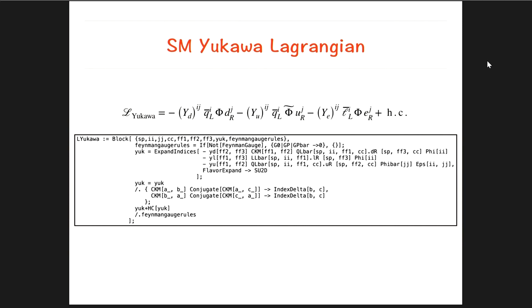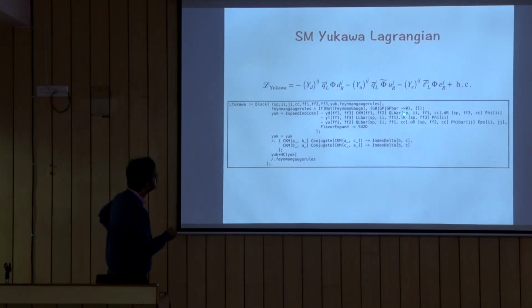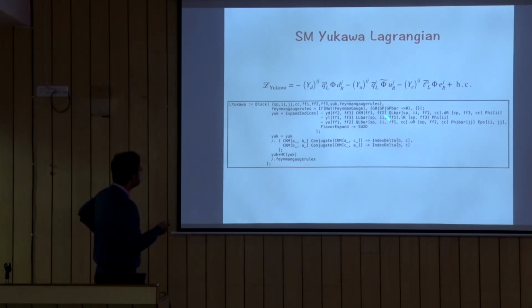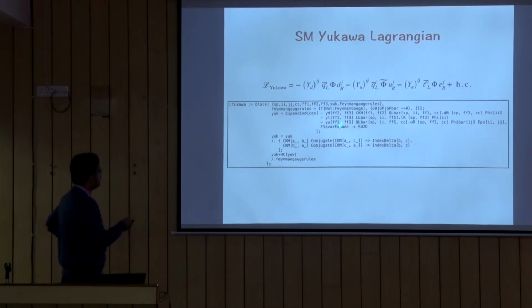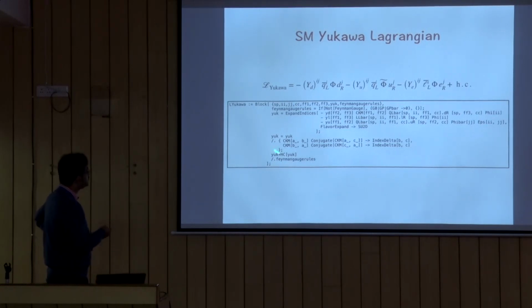However, you also have to remember this is a doublet, so that index goes in, and the spinor indices are associated here with this Q_L bar and also with the d_R. But this you have anyway defined before, so it will not be very difficult for you to associate with each of these terms, and the flavor expansion here will only be SU(2)_D. And once again you have the same condition that V_CKM dagger V_CKM will be equal to 1.